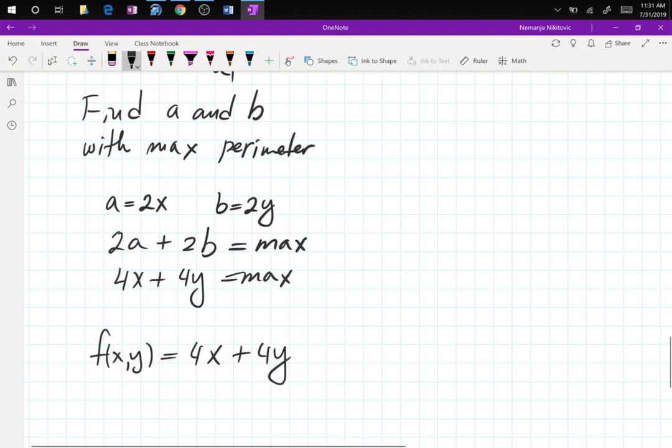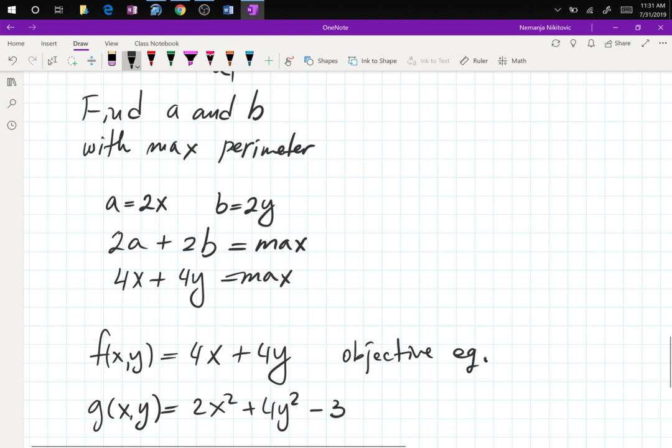This is my objective equation, because I want to maximize the perimeter. And then I have g of x, y, which is the equation of the ellipse, 2x squared plus 4y squared minus 3 equal to 0, the constraint.